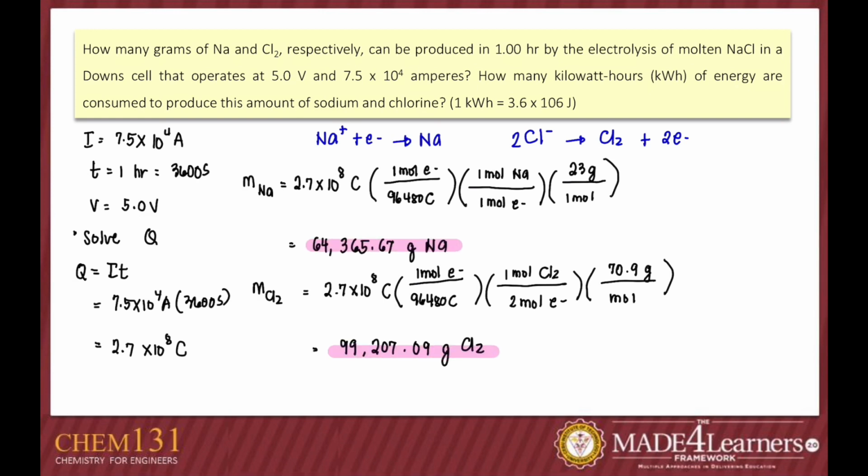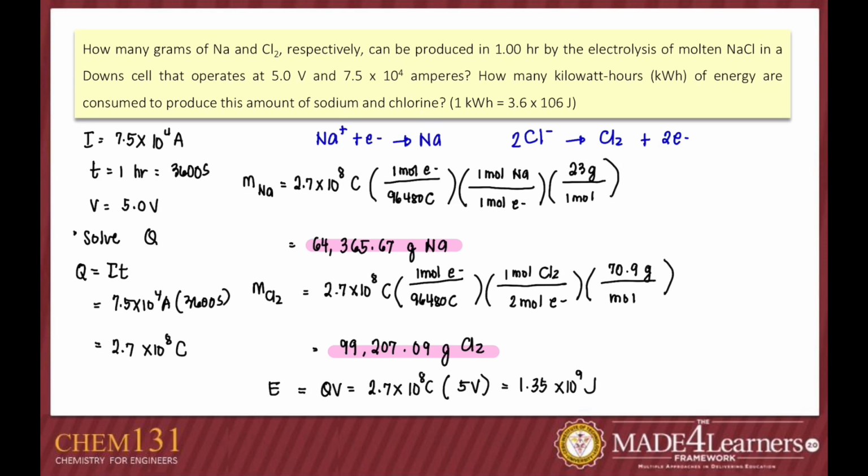And then, for the other one, how many kilowatt hours daw? So, for the energy, it's Q times V, diba? So, QV, so it's 2.7 times 10 to the power of 8 coulombs times the 5 volts, no? And so we are able to get 1.35 times 10 to the power of 9.